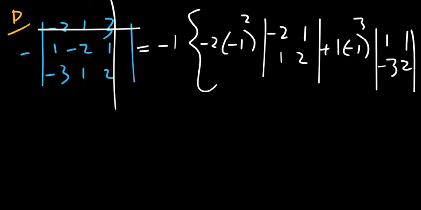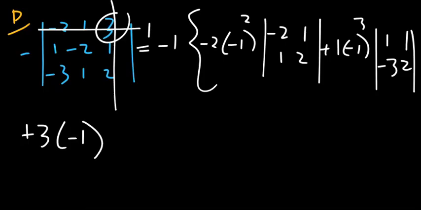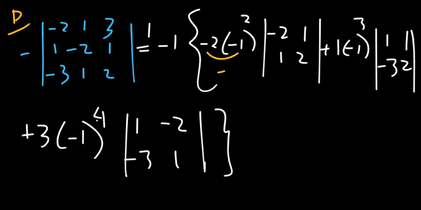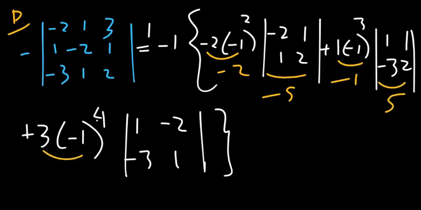And the last element, which is 3, so plus 3. The cofactor is, this is row 1, column 3, 1 plus 3 is 4. The remaining determinant is 1, minus 2, minus 3, 1. So this is minus 2, this is minus 5, this is minus 1, this is 5, that is 3, and again, this is minus 5.